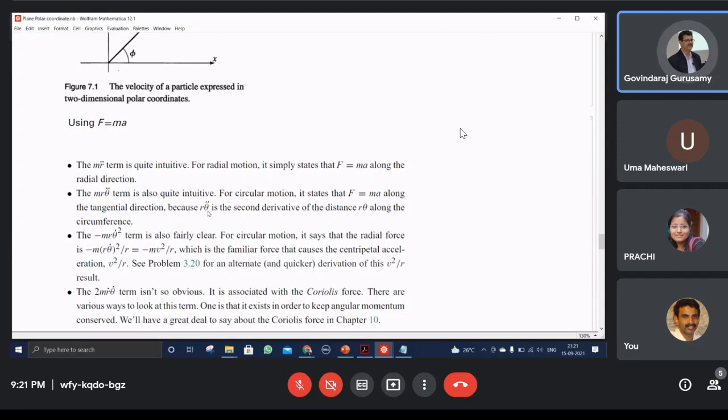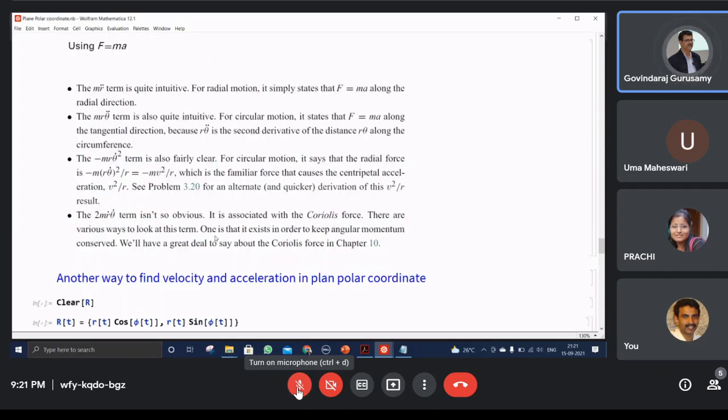So now this is an acceleration, which is equivalent to ma, the second derivative of a distance along the circumference. That's what it means. This is in the tangential direction. Clear? This is the length, and this length is along the tangential. That's why you have an r theta. So it is a tangential acceleration.